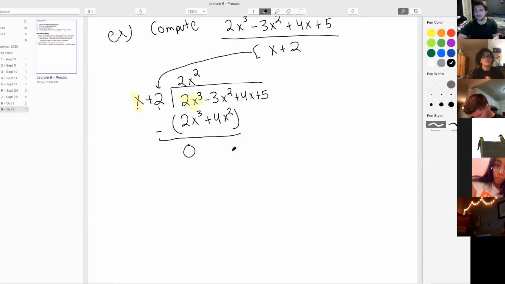So negative 3 minus 4 is what? Negative 7. Negative 7x squared. I got this negative 7x squared by doing negative 3 minus 4. All right, good. And now you just bring down this plus 4x.